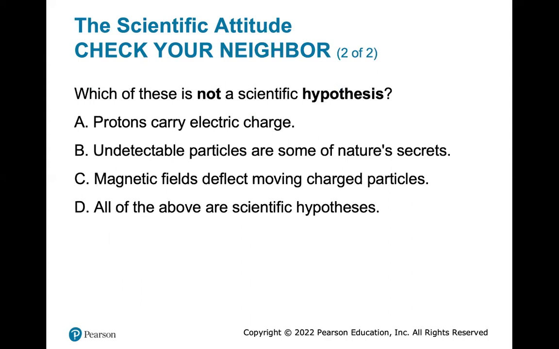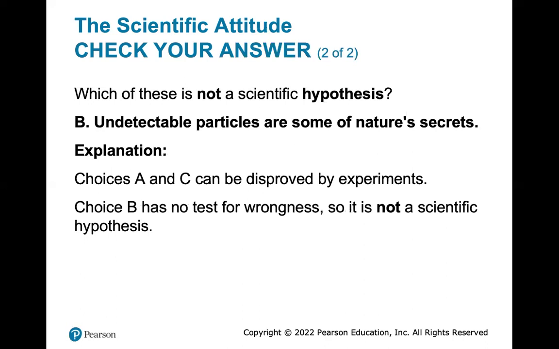Okay. Which of these is not a scientific hypothesis? A, protons carry electric charge. B, undetectable particles are some of nature's secrets. C, magnetic fields deflect moving charged particles. D, all of the above are scientific hypotheses. Well, the answer is that not all of them are scientific hypotheses. If you have a particle that's undetectable, then you can't prove it wrong.